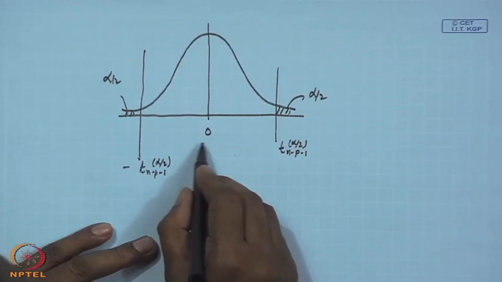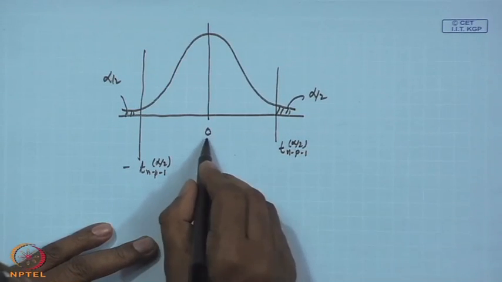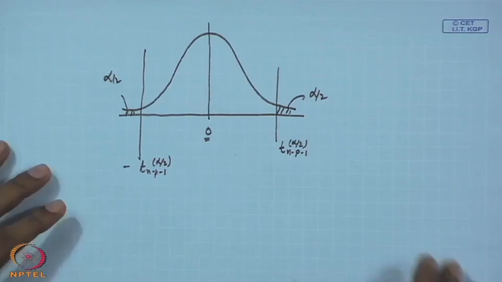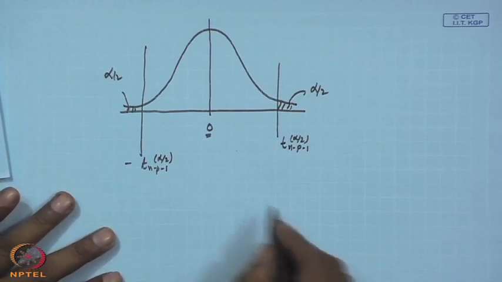And please remember that we are talking about beta j only, under the null hypothesis. The null hypothesis case we will not discuss now.